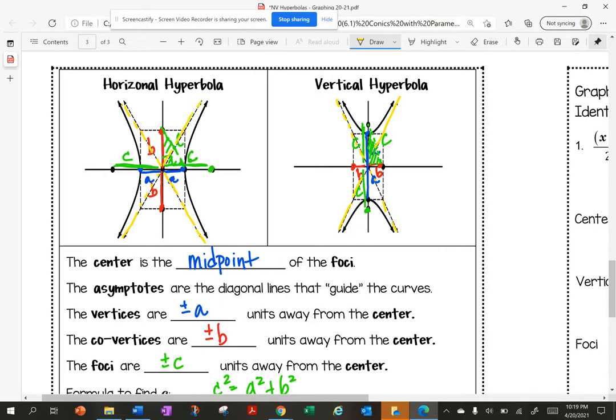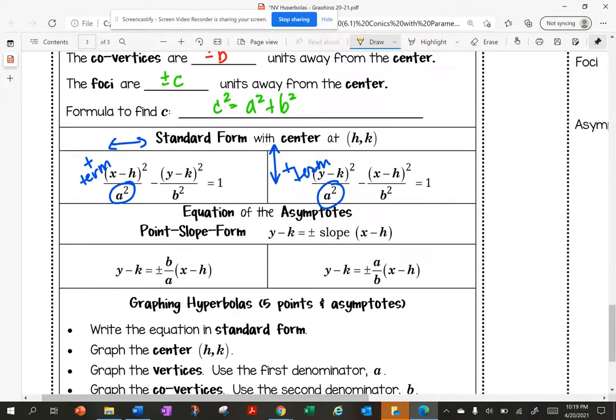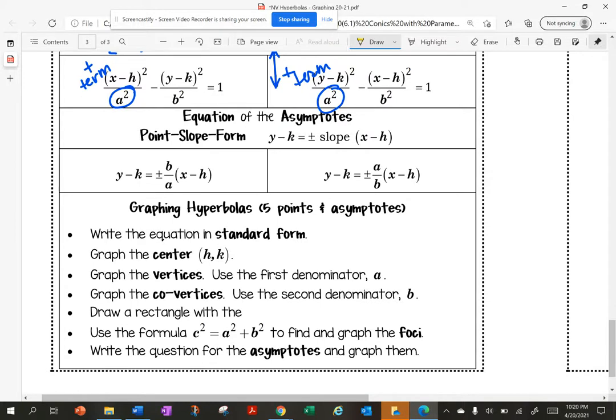So we're going to make these boxes and we're going to use rise over run. So for the horizontal hyperbola, rise is B and run is A. But for the vertical, rise is A and run is B. So they're backwards or reciprocals of each other.